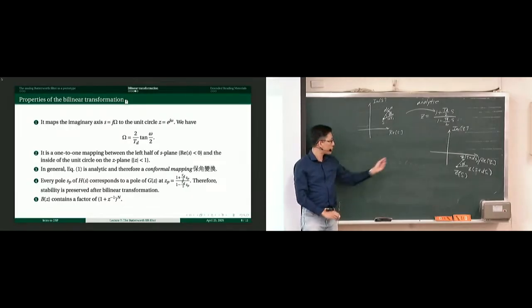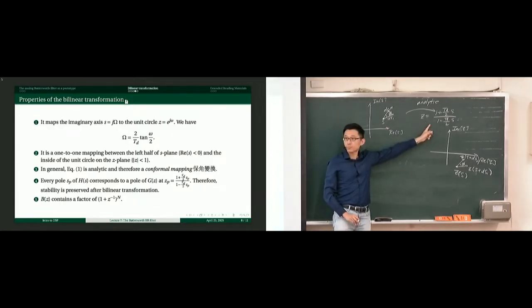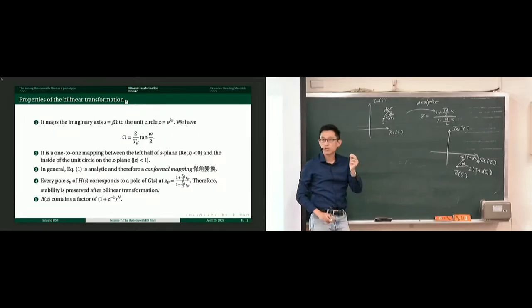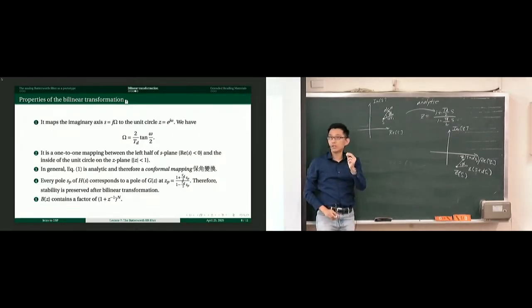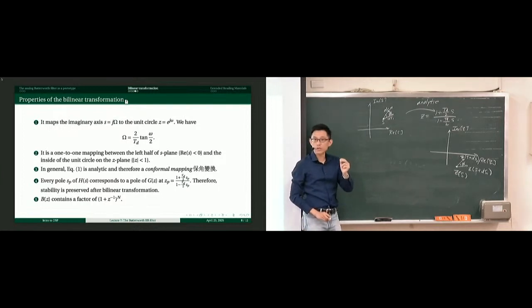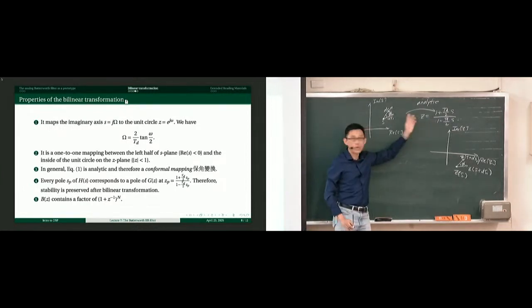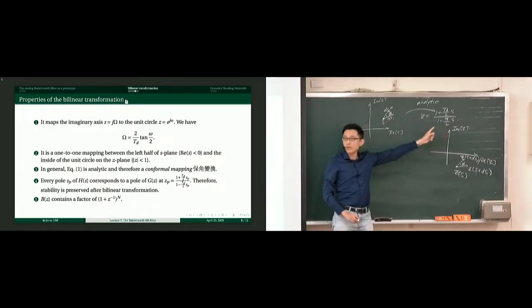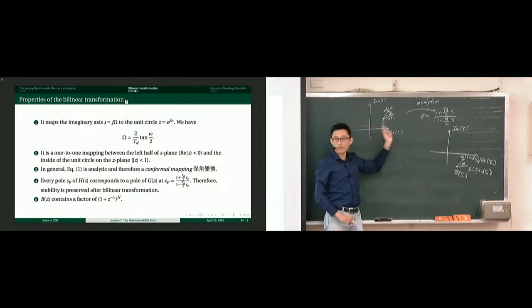And this is deeply rooted in the fact, this is a consequence of the fact that Z is differentiable. Z as a function of S is differentiable except at its singularity. 它可能有奇点啊, except at one singularity. Otherwise, everywhere else, Z is a differentiable function of S. Therefore, it preserves the angle like that.